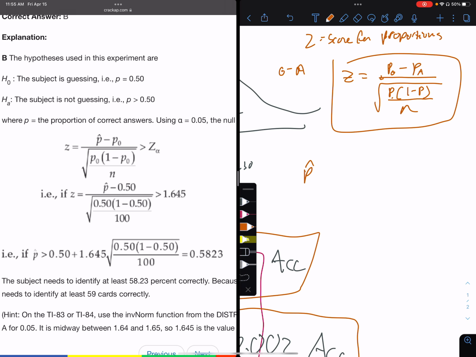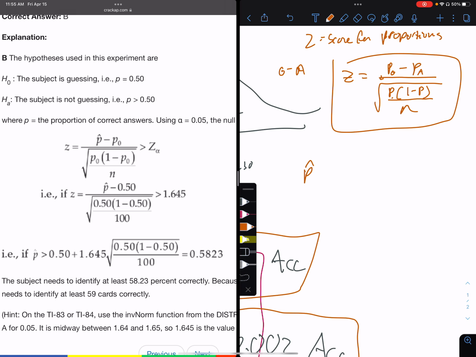Actually, I'm going to use this. So 0.5 plus 1.645 times the square root of 0.5 times 1 minus 0.5 over 100. All this is equal to 0.5823.